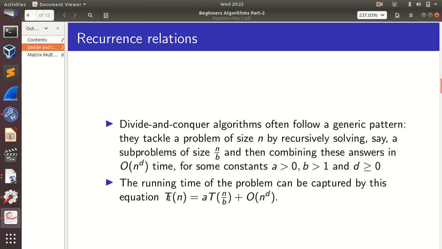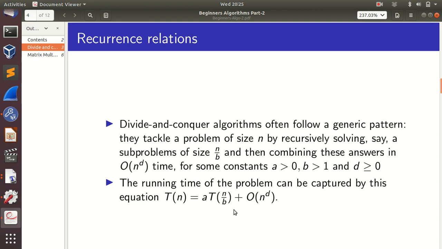So the running time will clearly be T(n) equal to a times T(n/b) plus order n to the power d. You have a number of sub problems and each of them will take T(n/b) time, because time is dependent on the problem size. If your problem is of size n, then your time is T(n).